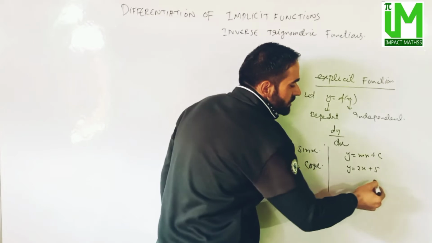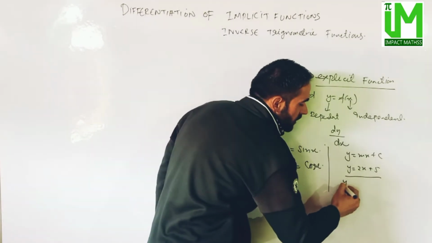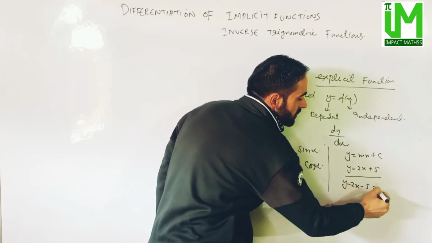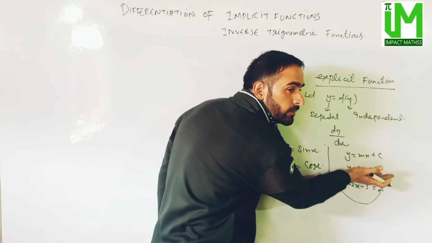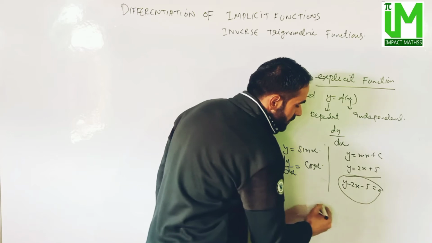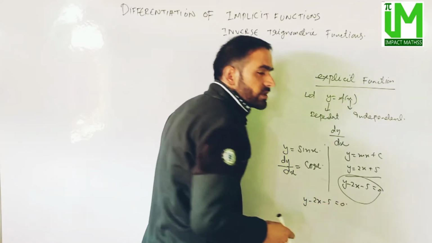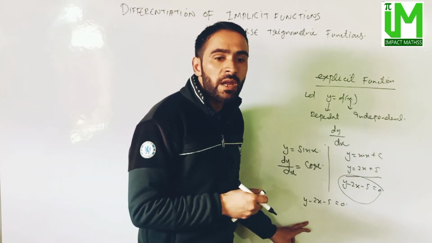But if we try to simplify this, we can write it as y minus 2x minus 5 is equal to 0. Earlier it was clear which variable is dependent and which is independent. But in this equation, y minus 2x minus 5 is equal to 0, it is not clear which variable is dependent and which is independent.